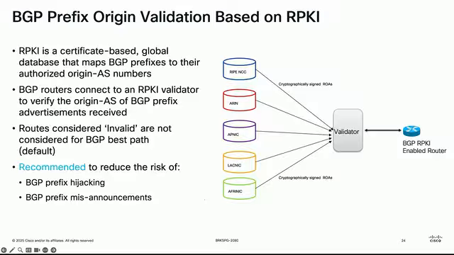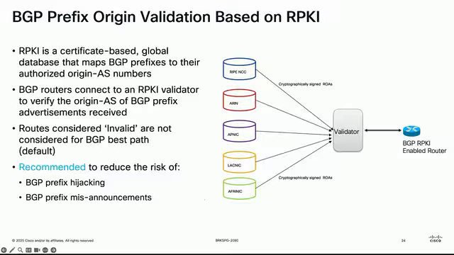Once they publish their database, you install a validator which will pull that information, and your router will check with the validator whenever the router receives an update. Is it a valid update, an invalid update, or an unknown update? Based on that, the router will decide whether it should make use of this prefix in its best path calculation or not.